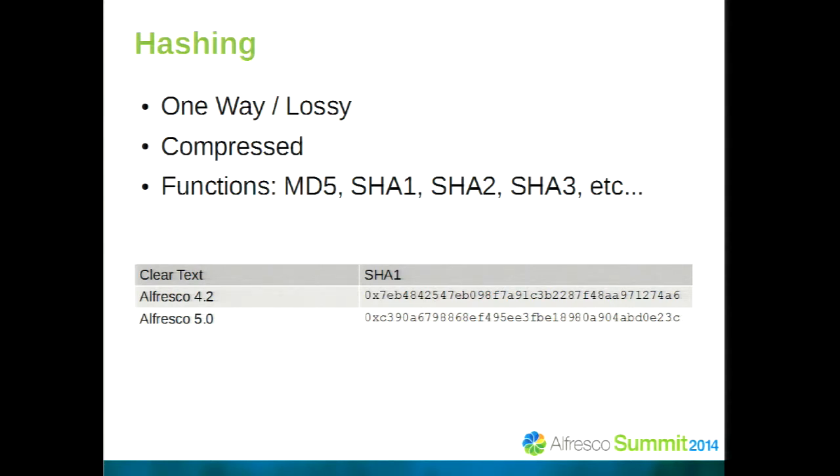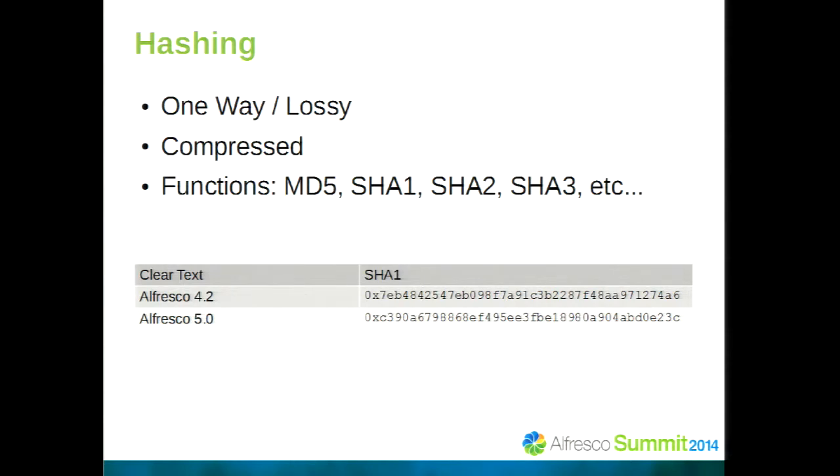The point of this is that this clear text on the left, in this case Alfresco 4.2, would always hash to this value. And so every time you plug that in, it's always the same thing.